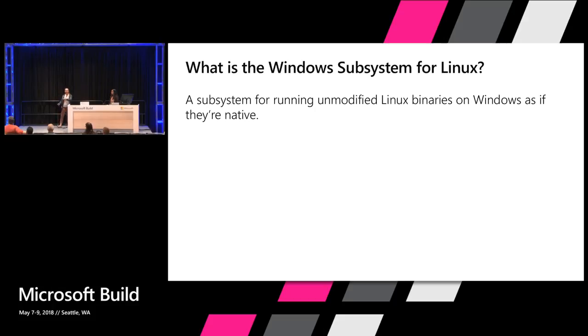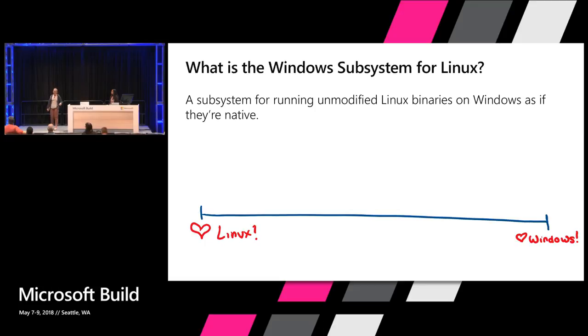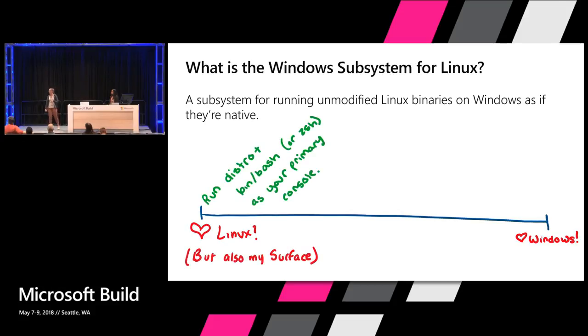Okay, and quick recap, what is the Windows subsystem for Linux? It is a tool that lets you run Linux apps, Linux tools directly on Windows from the command line. So whether you're mostly a Linux user, but you really like having a Surface, so you maybe want to be able to draw your slides like I do, or you are wanting to switch to a new dev box, but you really want to live mostly in a Linux environment, you can do that.